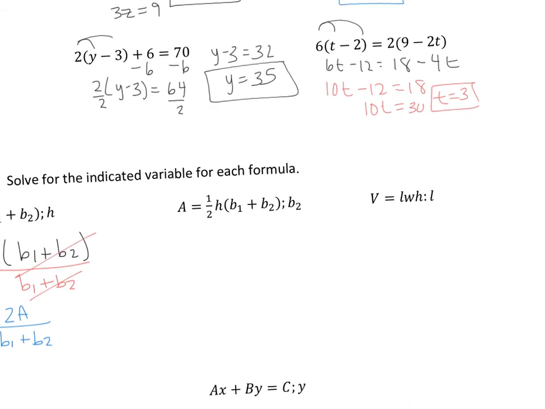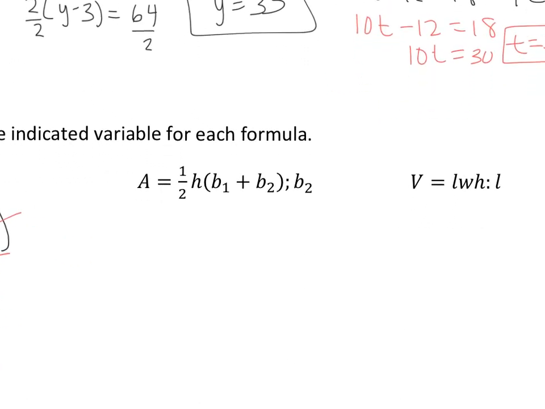The next one, solve for base 2. So this time we're trying to get this one by itself. You still need to get rid of this 1/2, so I'm going to multiply both sides by 2. That's going to cancel that out. So if you're trying to get to this quantity inside the parentheses, I would not do the distributive property. I would get rid of this h.